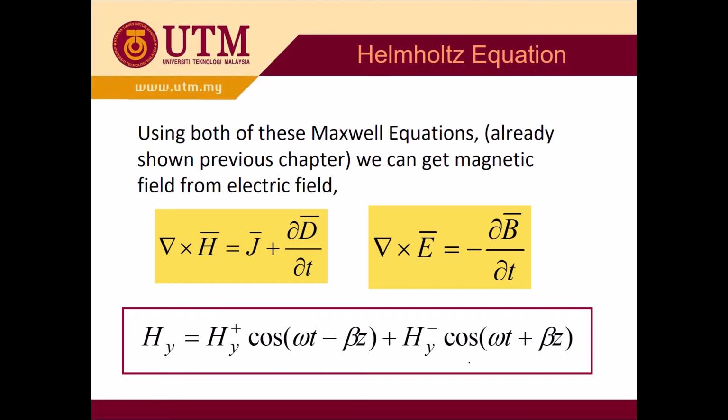For the magnetic field, the solution is almost similar. This is the solution. Basically, these two equations will be used to derive this. This you also have to study yourself.